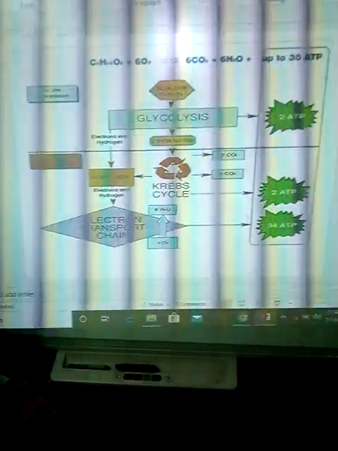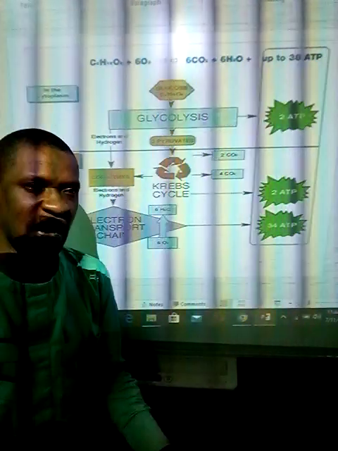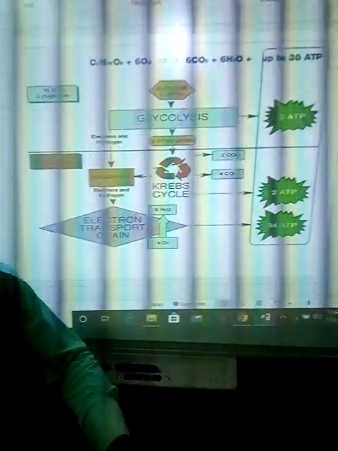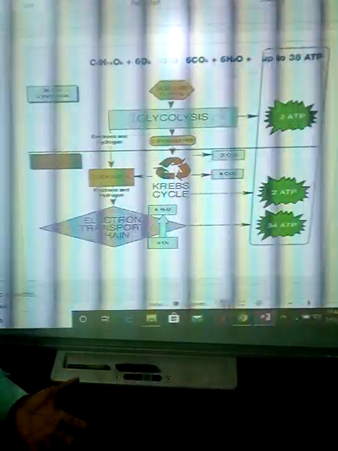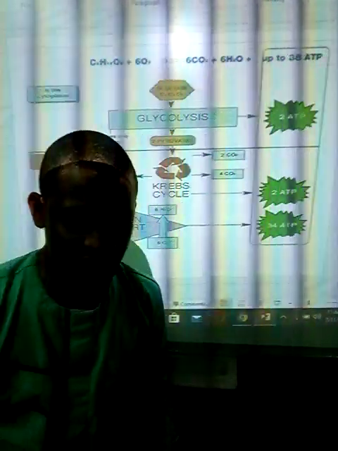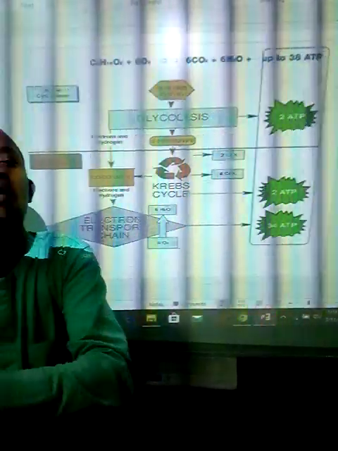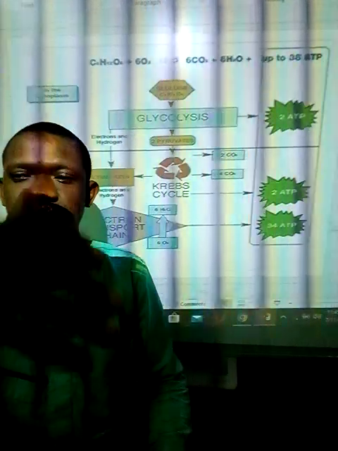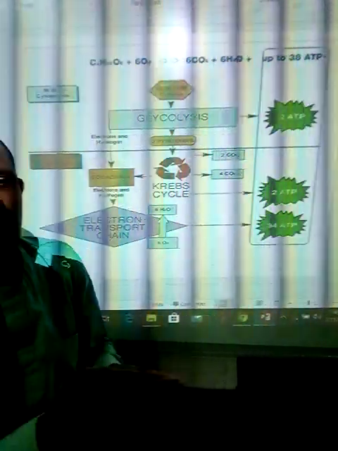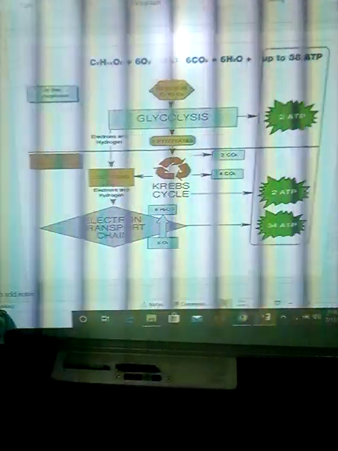From glyceraldehyde phosphate, we are now going to have some energy produced. We have 3-phosphoglycerate until the reaction gets to phosphoenol pyruvate and pyruvic acid. So at the end of the glycolytic pathway, pyruvic acid is generated.